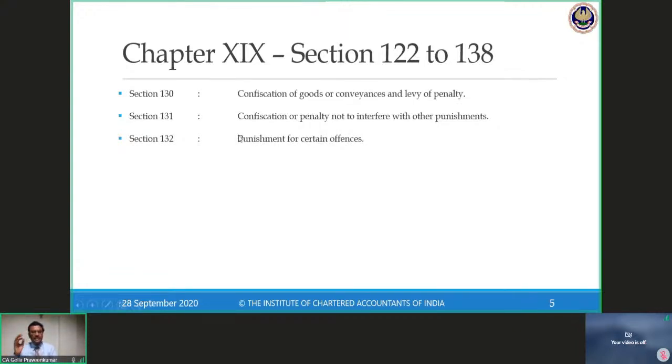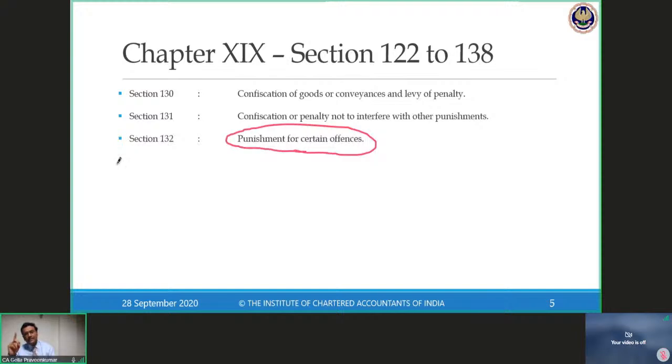Section 132, punishment for certain offences. This is one provision which I was talking to you about in the beginning of my slide, where your prosecution, your bailable warrant, all those elements of CPC provisions will come in here.